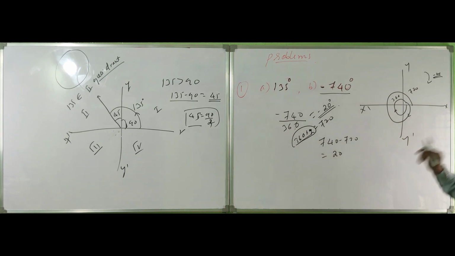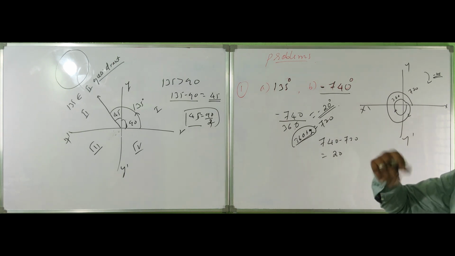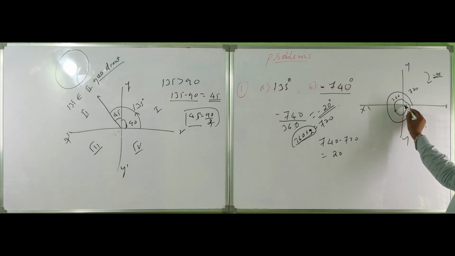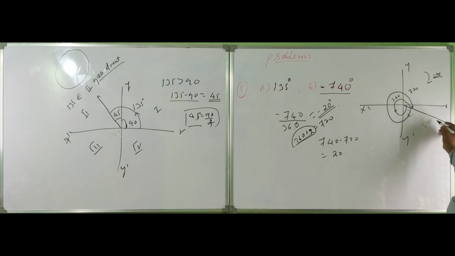Minus 20 is less than 30, and less than 45, so the total becomes minus 740.